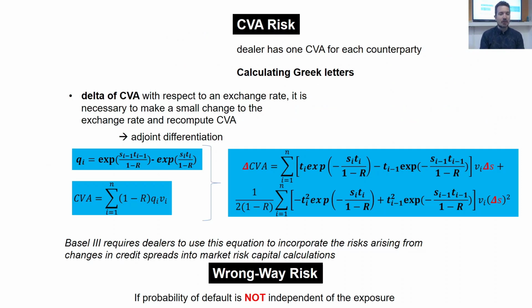Okay, but how can we calculate this? So how can we say that we have a fixed position, but the spread starts to change?